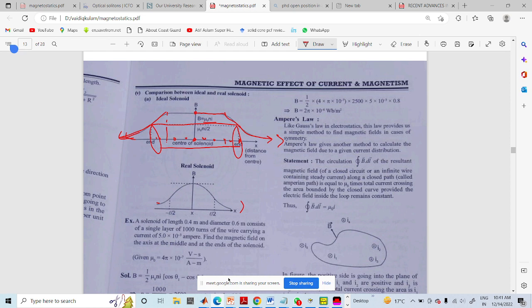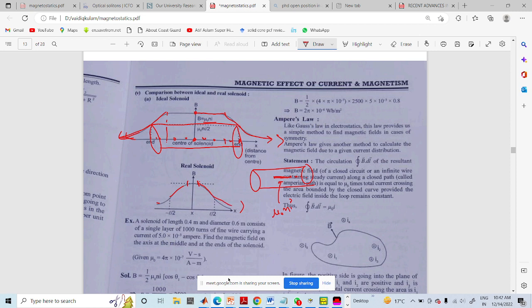But in reality, this figure is not constant only in this portion. That means if we have a solenoid, at the center only this section contains mu naught Ni, right? But other than this point, it will decrease. Here it will be mu naught Ni by 2, mu naught Ni by 3, something like that.